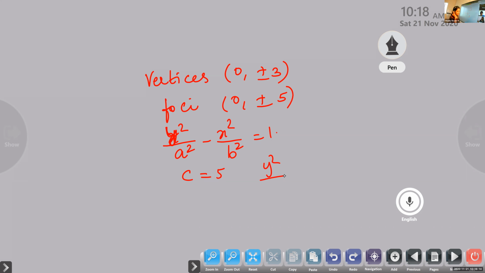Say it louder. Y square by 9 minus x square by 16, equal to 1. Is it correct? Okay.